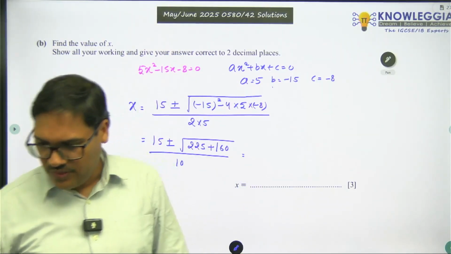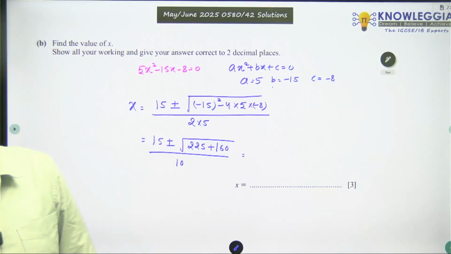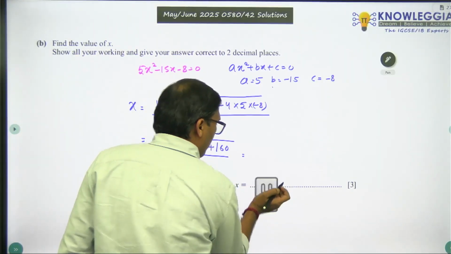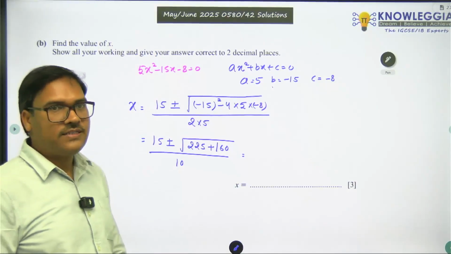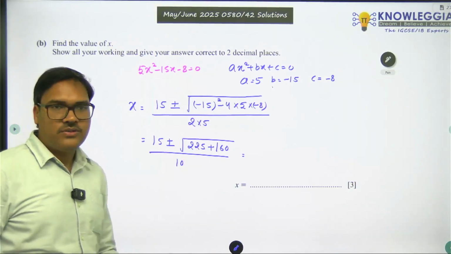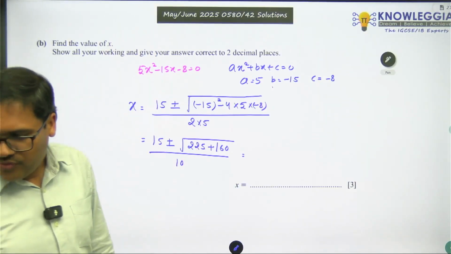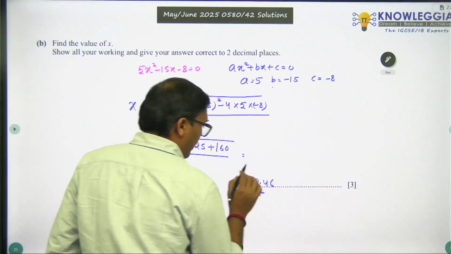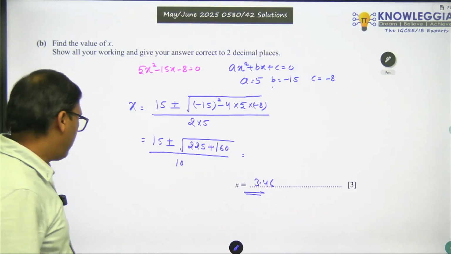So I'll just give you the value of x. x will be a positive value, so we will have to use the positive value. There will be two values. One value will be negative, but obviously x cannot be negative. So we'll take the positive value, which is 3.46. 3.46 is the value of x. This is how you can solve this one.